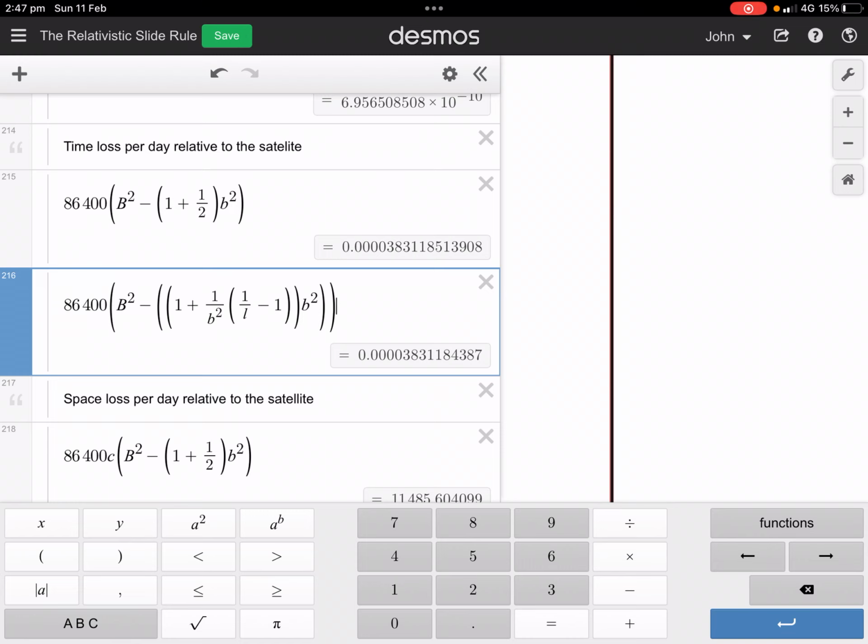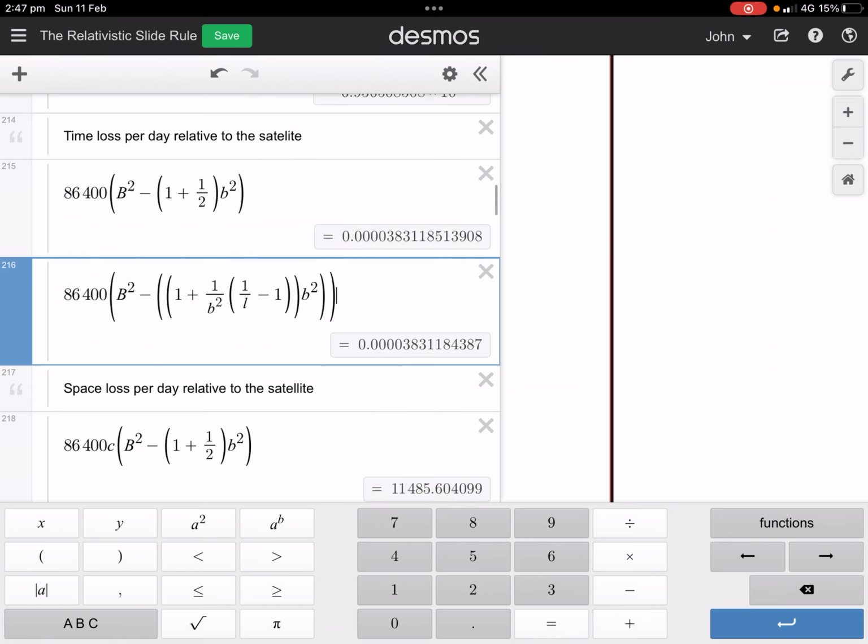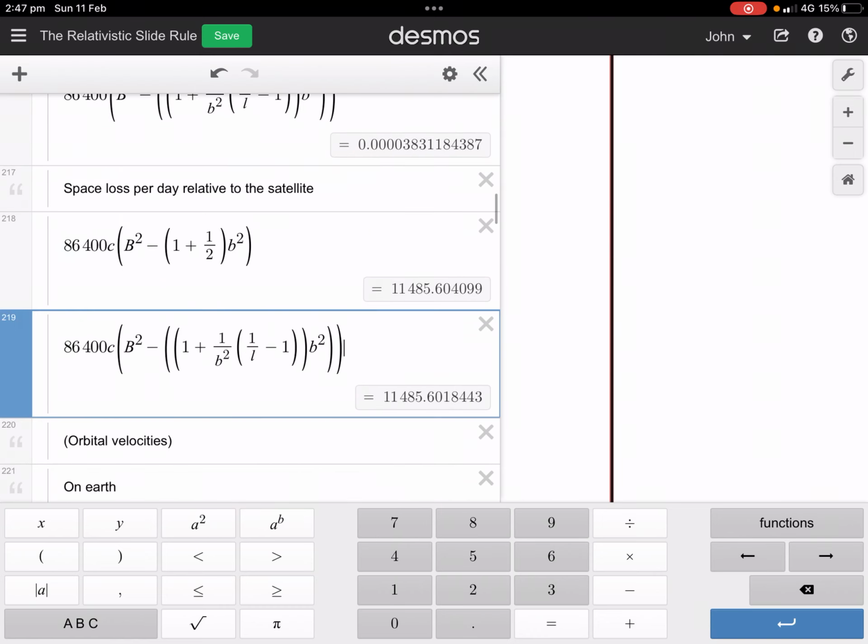So the difference has actually dropped a bit, very slightly. And same with the space. You can see the difference in the space has dropped a little bit.